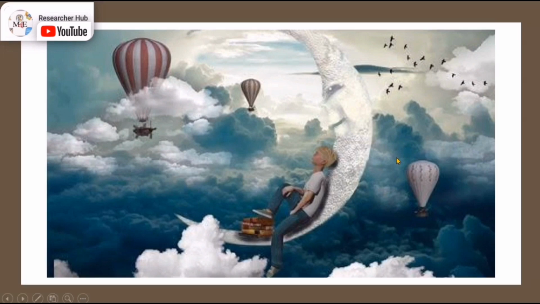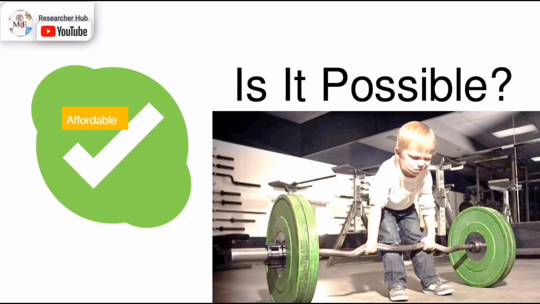Another thing is about affordable. When you pick up any measurement, think about your organizational capacity to utilize that measurement. In other words, is it possible for the organization to collect that data?